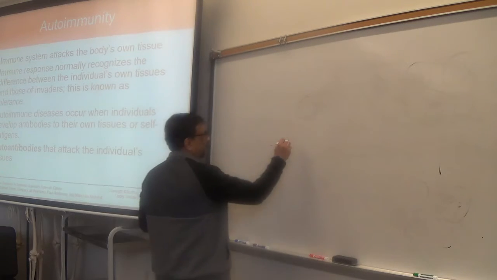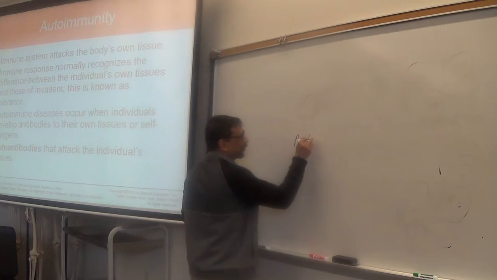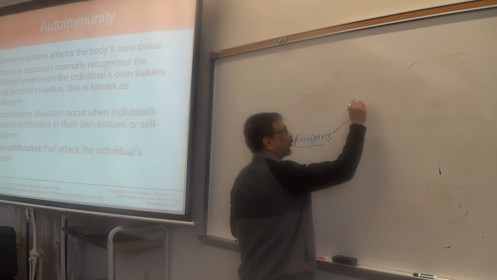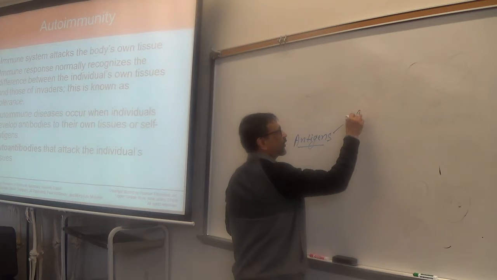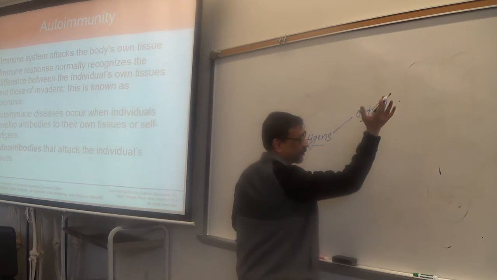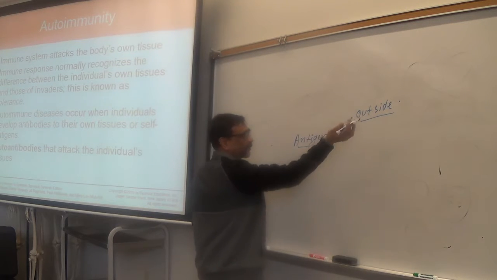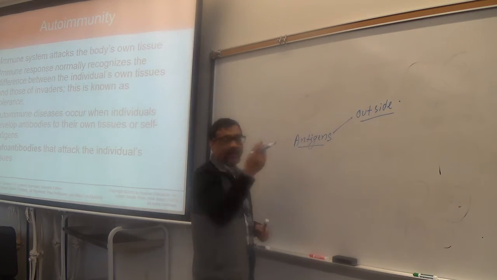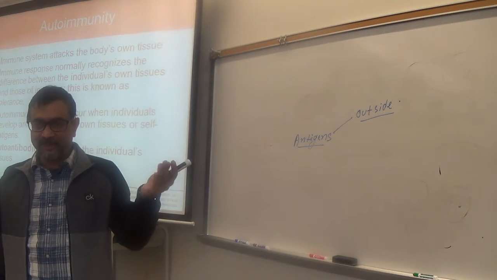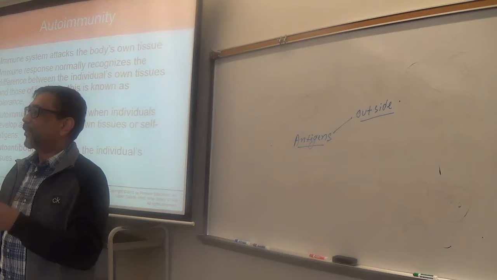So now, antigen. Antigens could be from outside, like bacteria, virus, microorganisms, some toxic chemicals entering the body, pollen, right? Dust could be antigen. So all those, what is antigen?